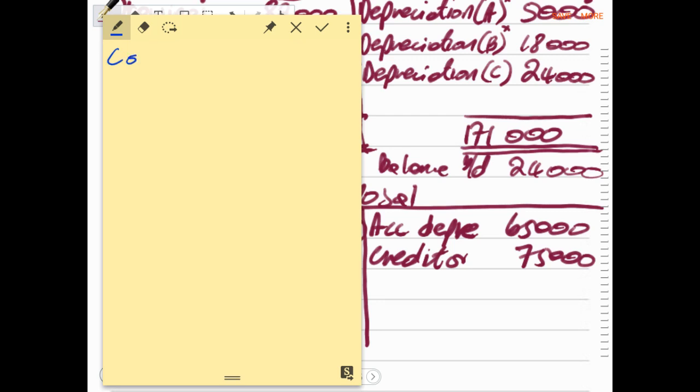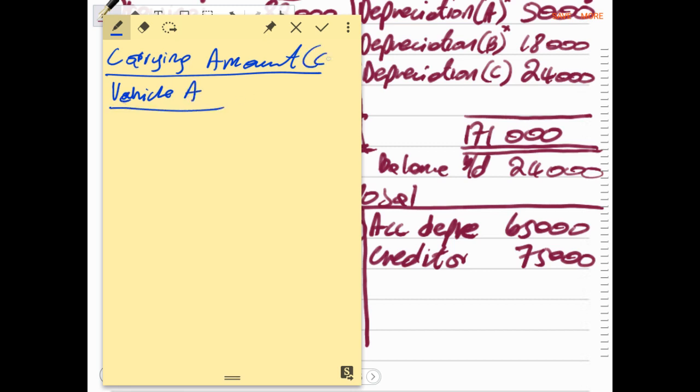We are calculating the carrying amount for motor vehicle A. Remember, carrying amount is normally abbreviated as CA. So now we say carrying amount is equal to cost minus accumulated depreciation.